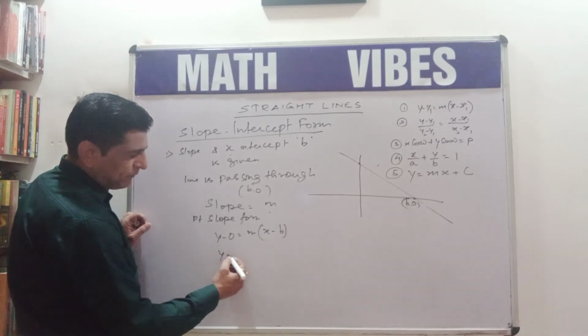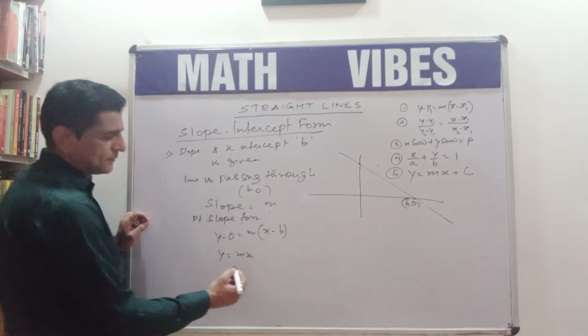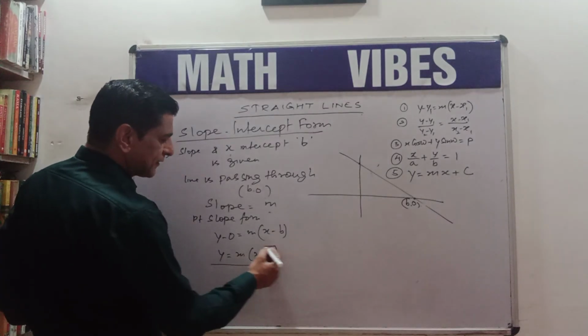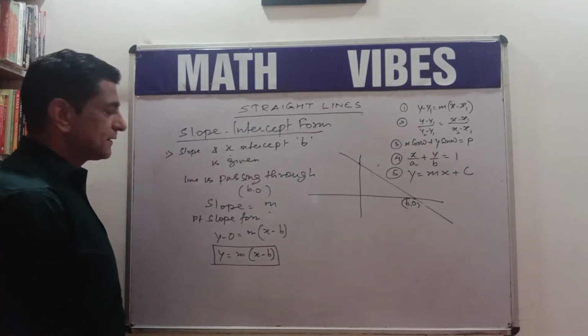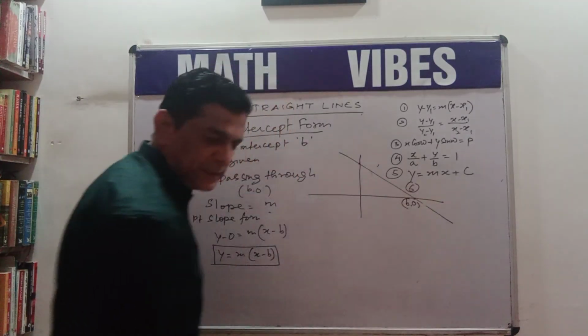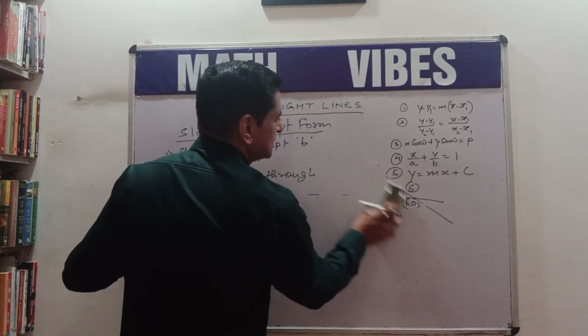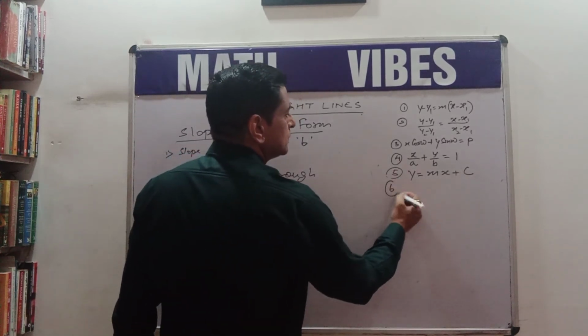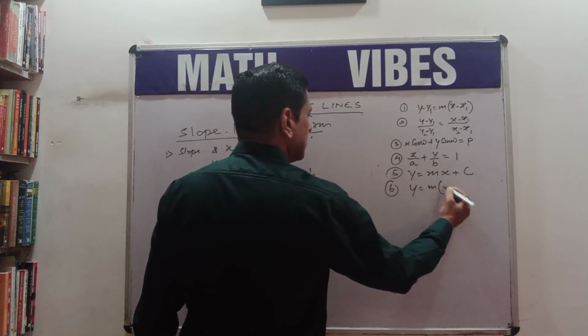So the equation of line will be y equals m times x minus b. This is the equation of line in slope-intercept form when x-intercept is given. So this is the sixth form of equation. Let me erase this graph, it's not needed now.